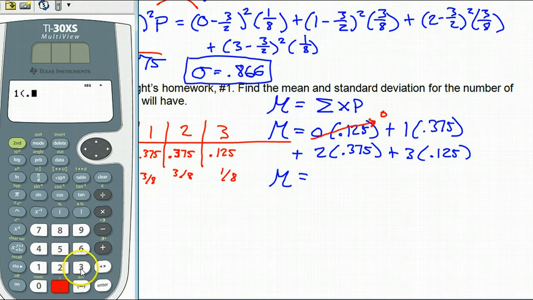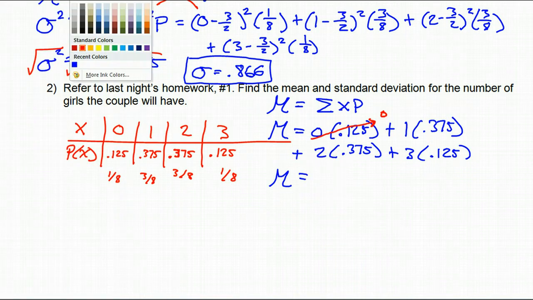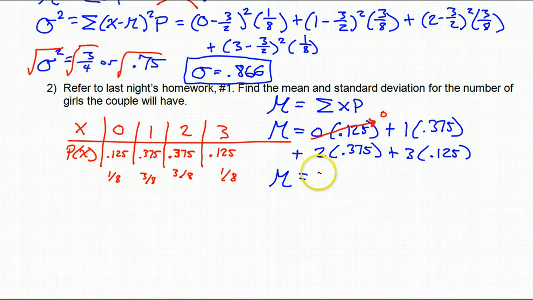So 1 times 0.375 plus 2 times 0.375 plus 3 times 0.125. Kabam! And there is the mean. Once again, look familiar? Didn't I just see that on the last problem? It's weird. Okay, so the mean is 1.5.